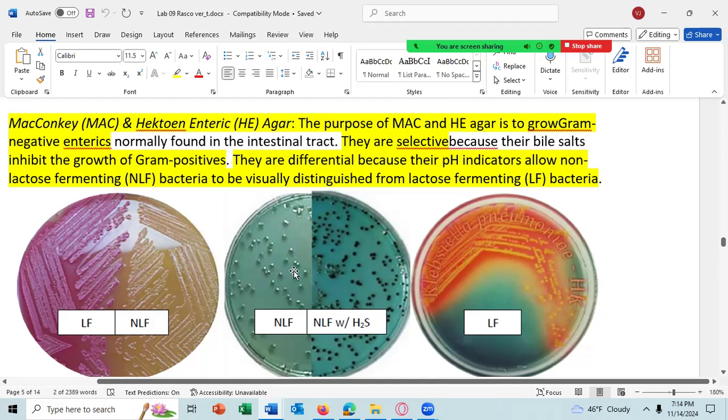And then if the bacteria are non-lactose fermenters and it's black, it's also producing hydrogen sulfide gas. Any question about that? Now remember on the MAC and the HE plates, if you have no growth, you cannot assay for the fermentation of the sugar, which for MAC plates is lactose, and for HE plates is also lactose.